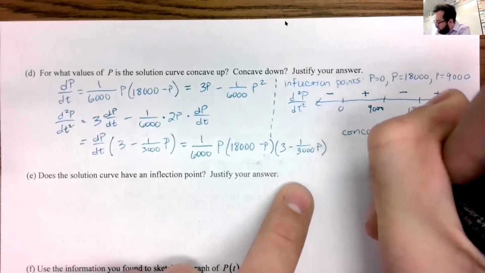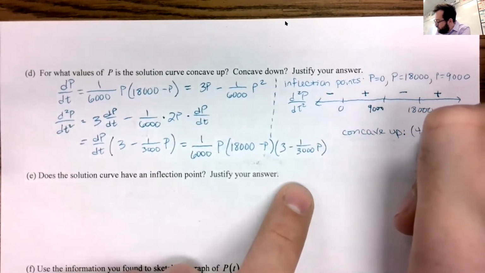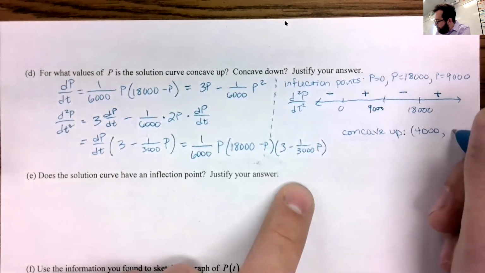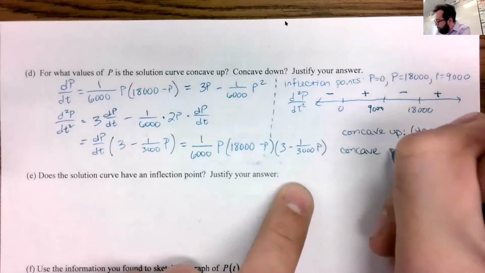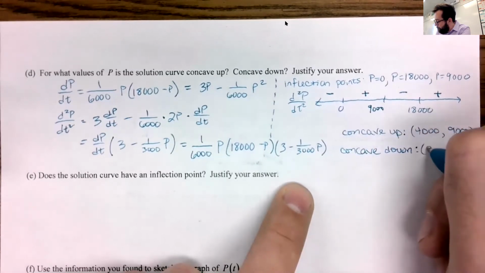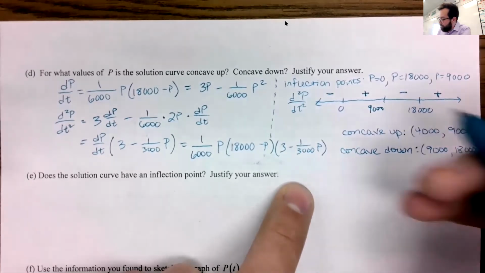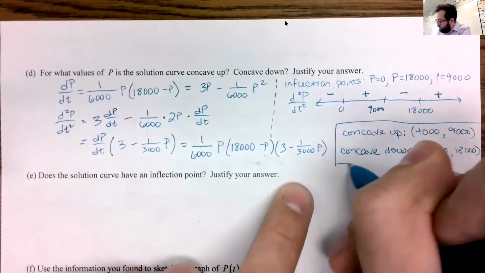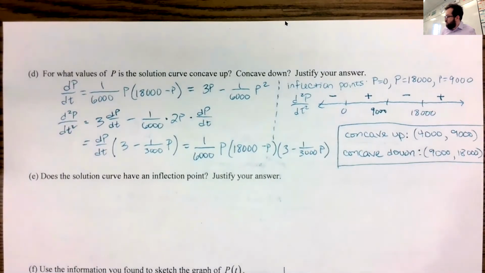So let me write that out. And we're justifying by saying that the second derivative is positive or the second derivative is negative.